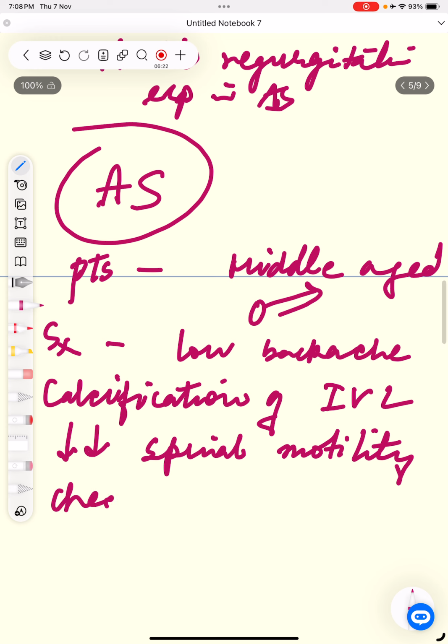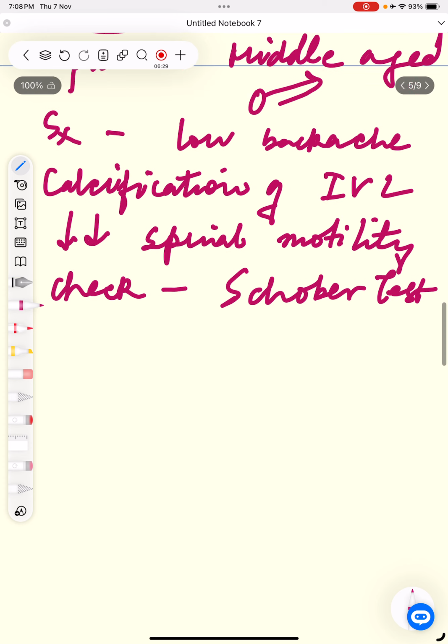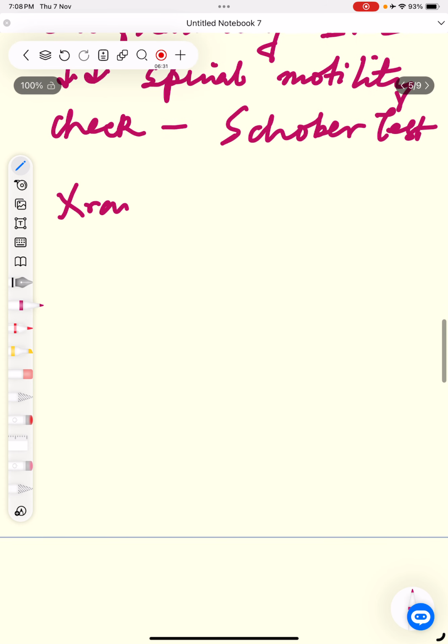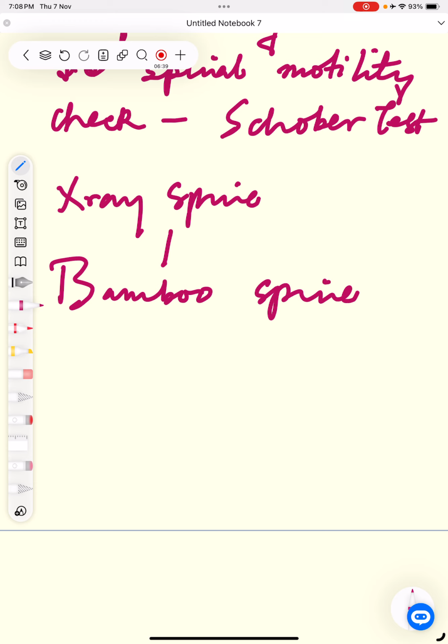How do we check that? We can check by a test called the Schober test. If we advise an X-ray spine of these patients, the characteristic bamboo spine will be observed.